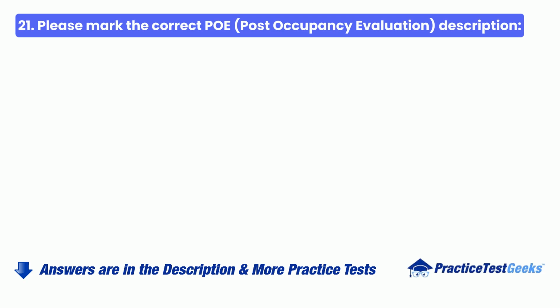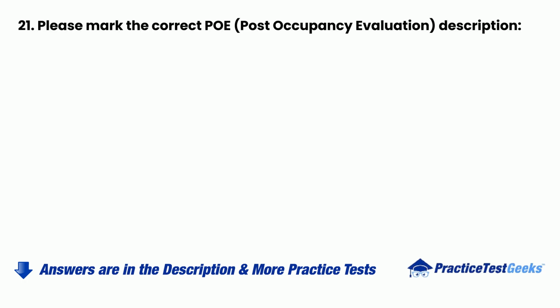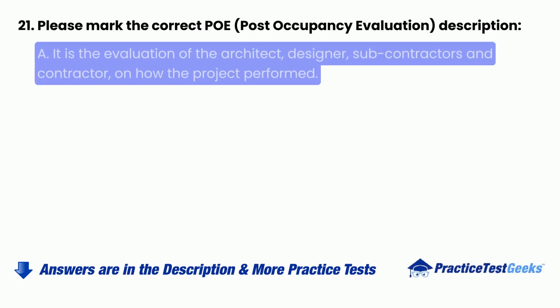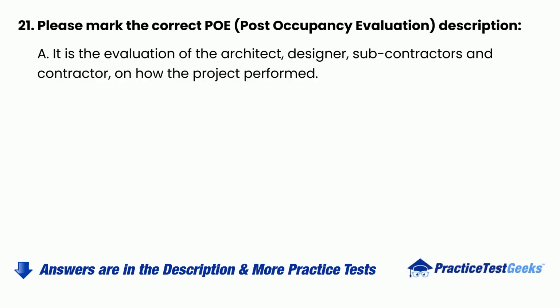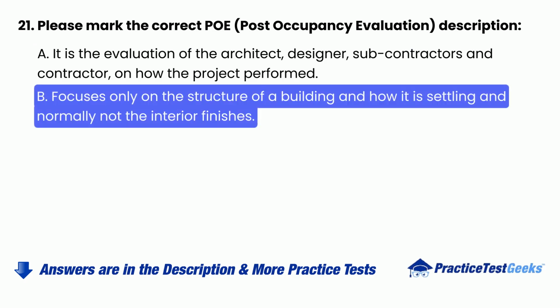(21) Please mark the correct POE, post-occupancy evaluation description. A. It is the evaluation of the architect, designer, subcontractors and contractor on how the project performed. B. Focuses only on the structure of a building and how it is settling and normally not the interior finishes.